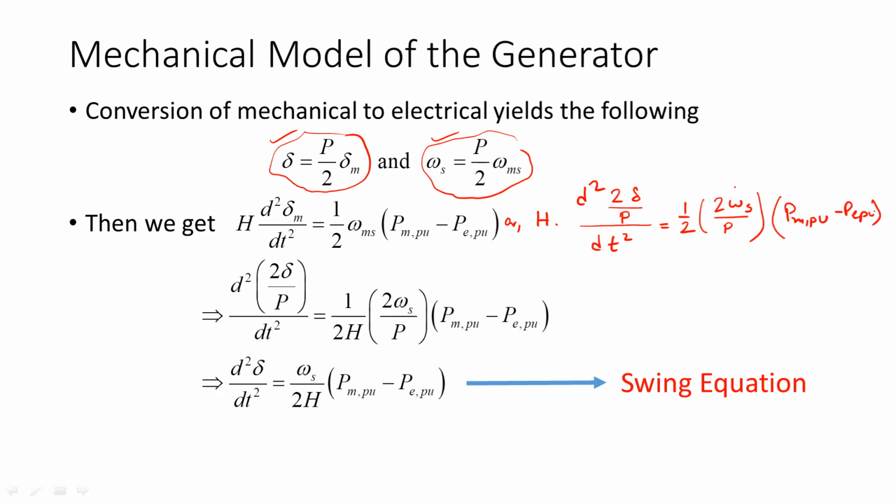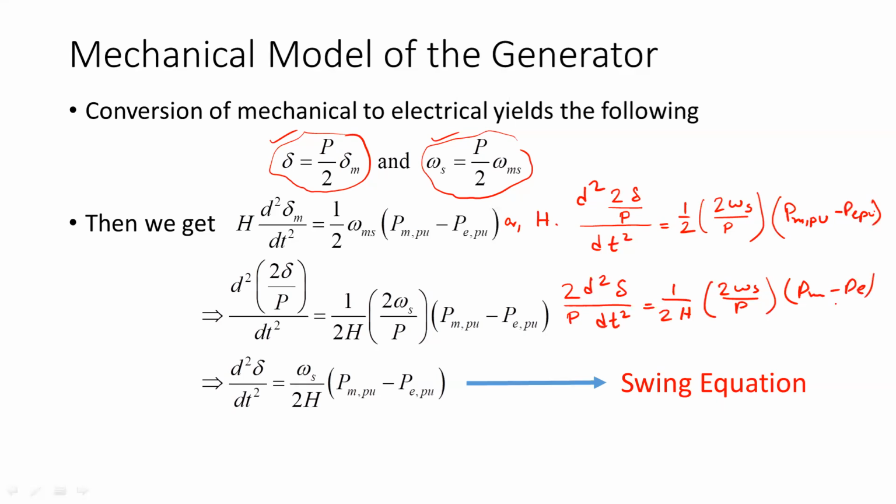What simplifications can we do to get this format? We write d squared delta, take the 2 outside, keep the P over here, dt squared, and take the H to this side. So 1 by twice H, twice omega s by P, into pm minus pe per unit.